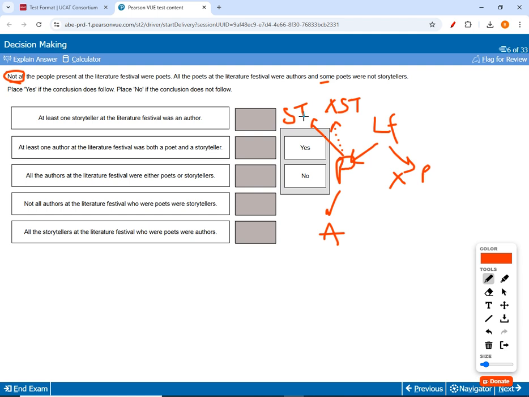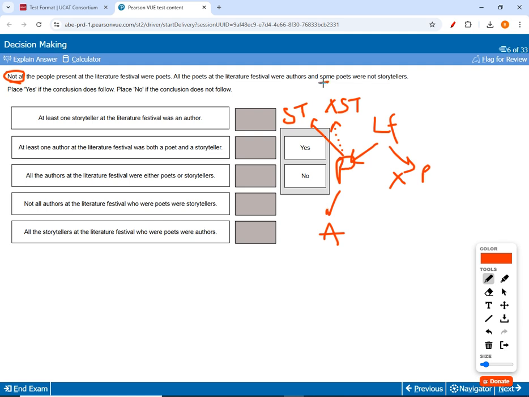UCAT website, question number 6. The learning in this question: anytime you hear the words not all, 2 solid arrows. So poets, not poets. I don't know the proportion, the ratios. I'm just saying both are possible. All poets were at the literature festival. All poets were authors. Got it.